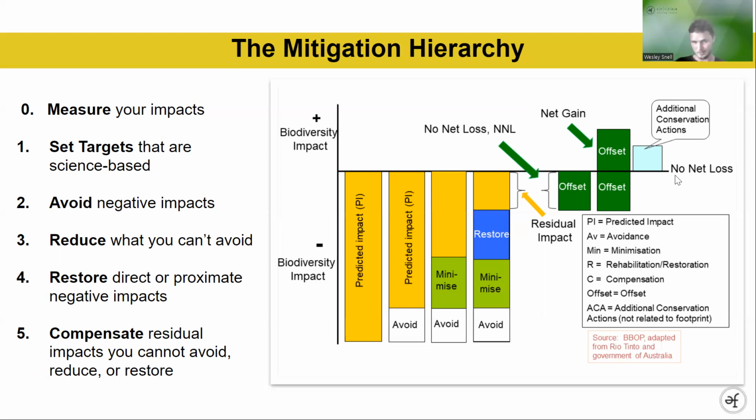And finally, whatever you cannot avoid, reduce, or restore, we call your residual impacts. You can explore compensation or offsetting projects in order to reach your no net loss or net gain. So this is the mitigation hierarchy. It's really important to keep in mind, and it's a way to embed decision making at different parts of your business unit.